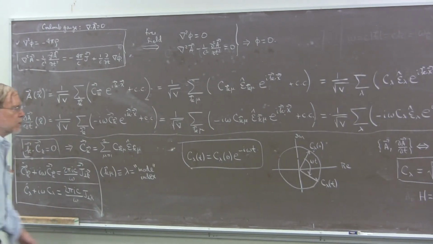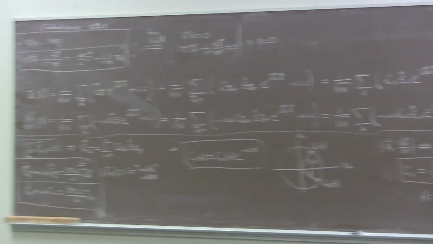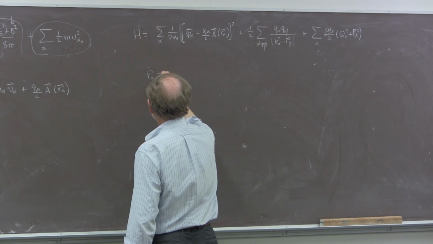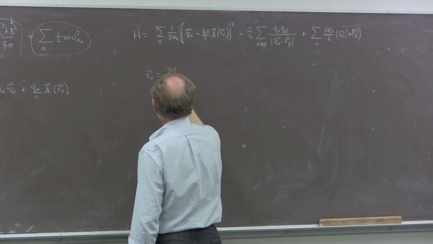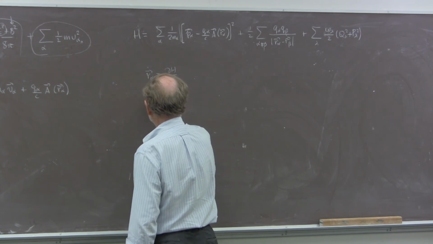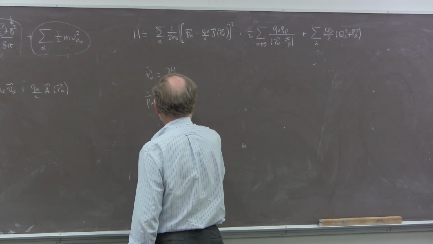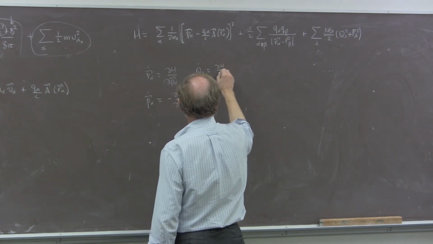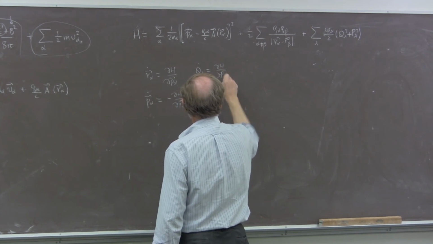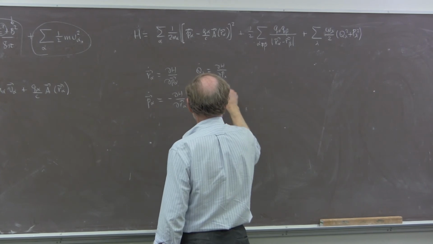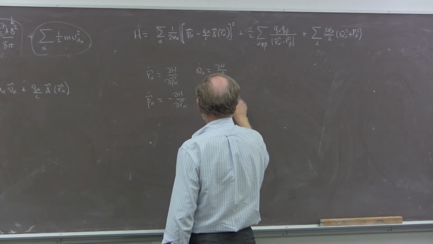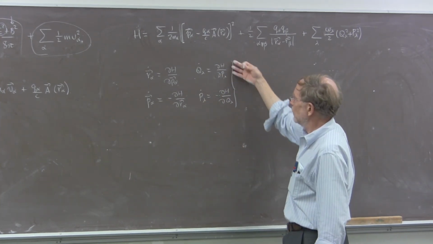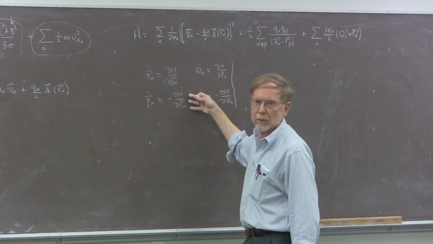If we want to do an honest job of this, since we've been guessing things, what we really need to do is to show that Hamilton's equations, R alpha dot is equal to partial of H with respect to P alpha, and P alpha dot is equal to minus partial of H with respect to R alpha, and likewise Q lambda dot is partial of H with respect to P lambda, and P lambda dot is equal to minus partial of H with respect to Q lambda, the classical Hamilton's equations, are equivalent to Maxwell's equations for the field and the Newton-Lorentz laws for the particles.